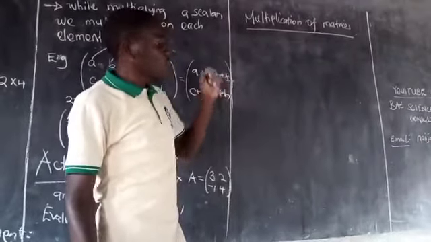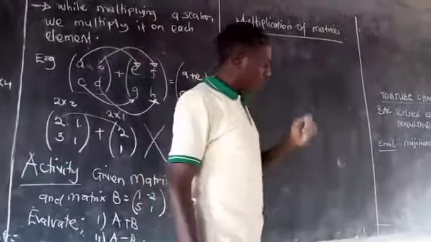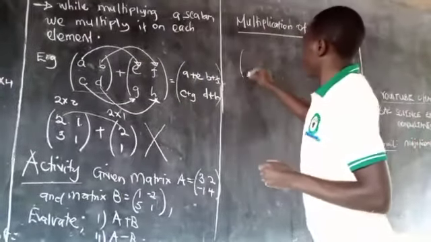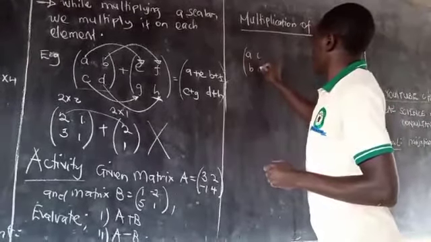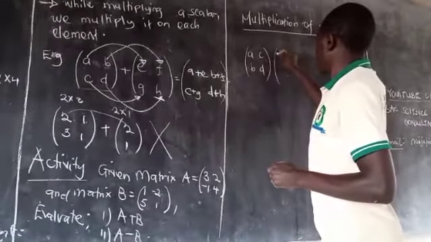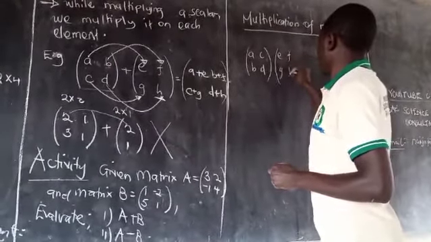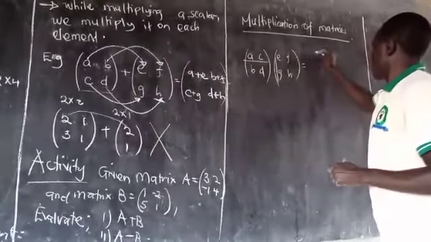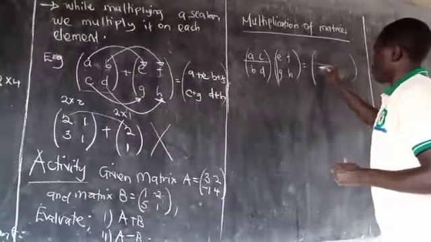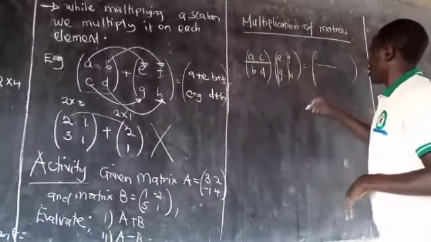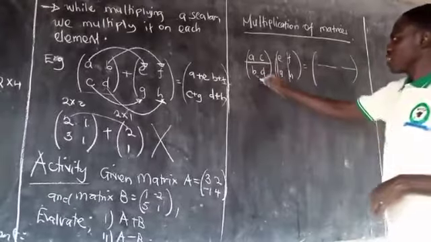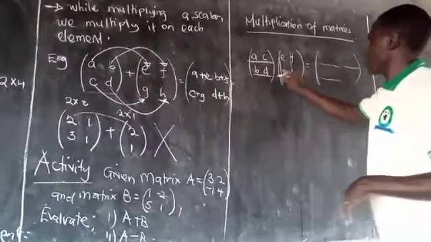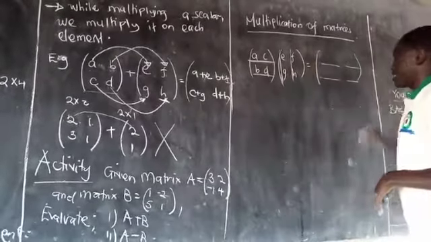Then, while multiplying these matrices, we multiply rows by columns. For example, if we have a matrix A, B, C, D, and we are multiplying it by E, F, G, H, then we multiply this row by this column to get the element here, and so on for each element.